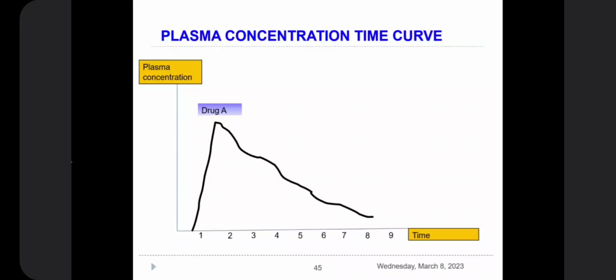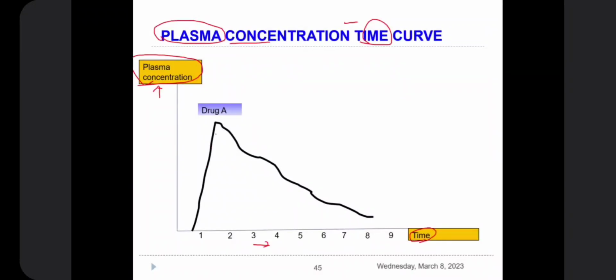Okay, next one. Let's understand the parameters to describe the rate and extent of absorption. So what are the parameters to describe the bioavailability? We go according to a curve. What curve? The plasma concentration and time curve. You can see the y-axis is plasma concentration and the x-axis is time.